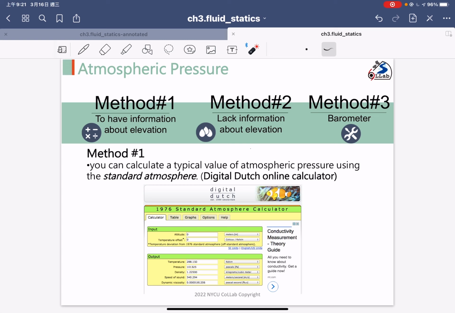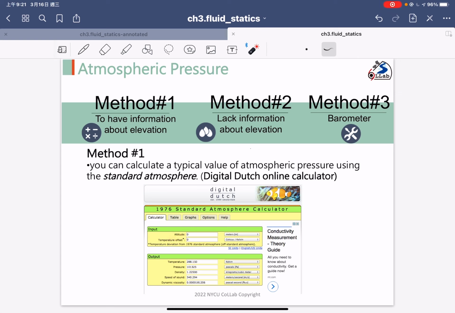So you just key in the altitude and the current temperature, and the calculator will tell you how large the pressure is there, and also the air density, the sound speed and the dynamic viscosity at these conditions. So method one is quite simple if you have a cell phone and you can check by yourself.